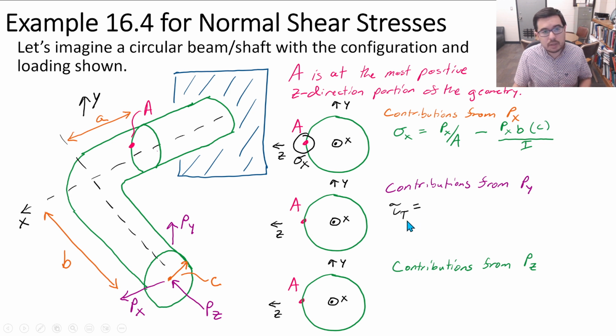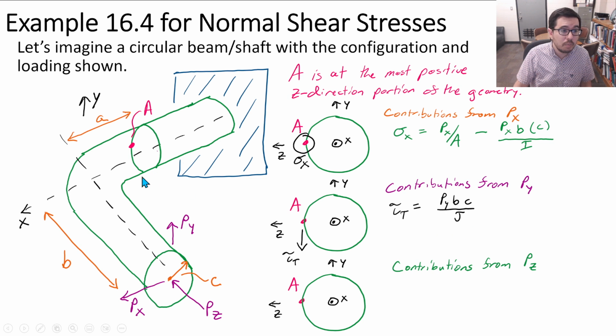So tau t is what I'm going to call this twisting, or torque-induced, shear stress, and it's caused by this torque in the positive x. So over here, it's going to be going down, that's the positive x direction coming out. So the shear stress that it's inducing is downward, and that can be given by the torque PyB, and TC over J.